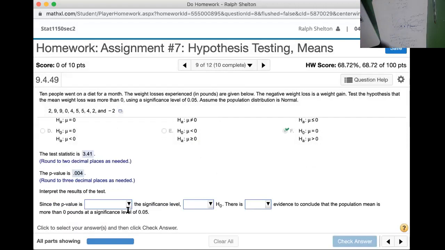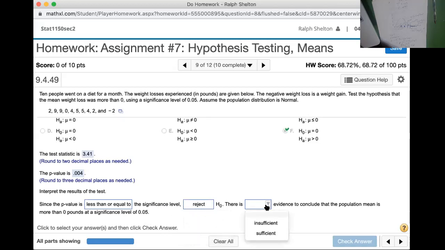Okay, interpret. Since the p-value is less than or equal to the significance level, which is 0.05, we do reject. That means your sample's more unlikely than your critical t-value was. And we got our critical t from the fact that we're testing at 0.05. So we are going to reject.